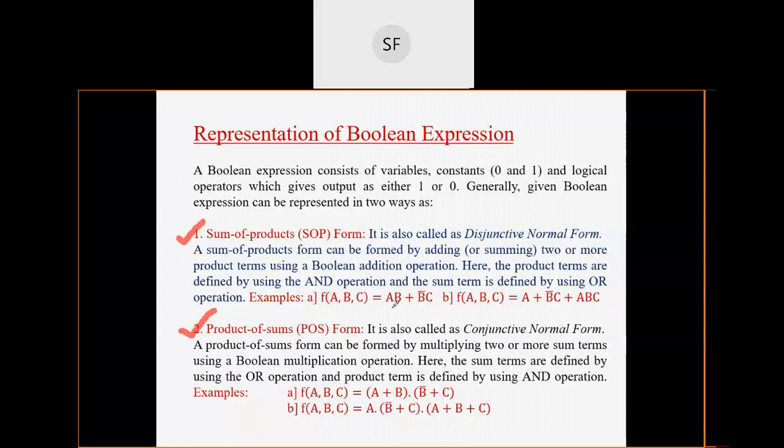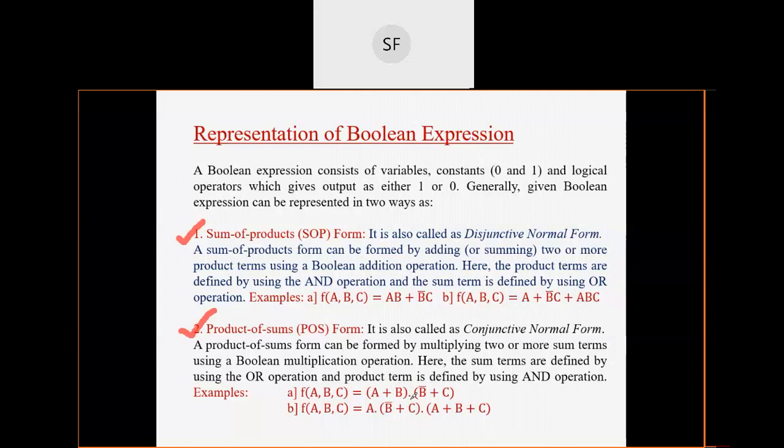Here you can observe four variables A, B, B bar, C. Here also A, B, B bar, C. But in the representation, here it was AB in product, B bar C is another product, and the sum of AB and B bar C was there. On the other hand, in product of sum, it is sum here, A plus B, then B plus C, and then their product is taken, right? So hence it becomes product.